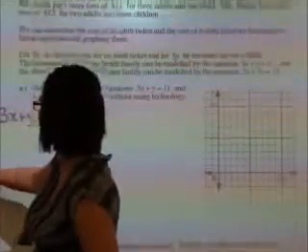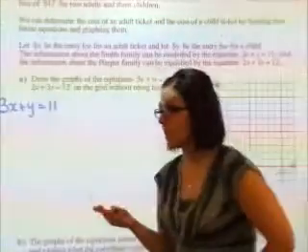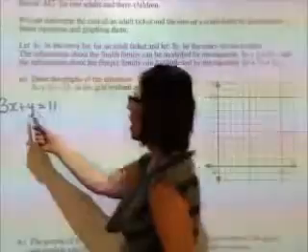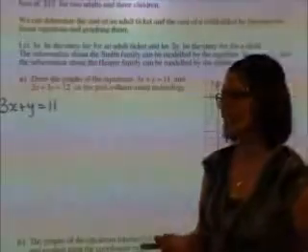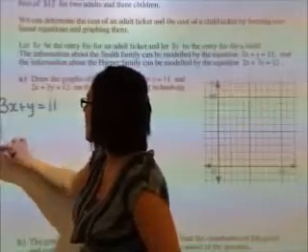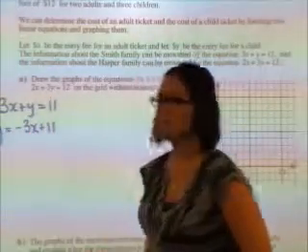So if we were to graph these two equations on the same grid, if we start off with the 3x plus y equals 11, there's various ways that you can graph this without having to use a lot of technology or a lot of time. If your y value has a coefficient of 1, the easiest thing to do is isolate it and make it into that mx plus b form.